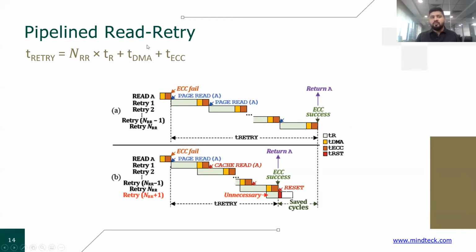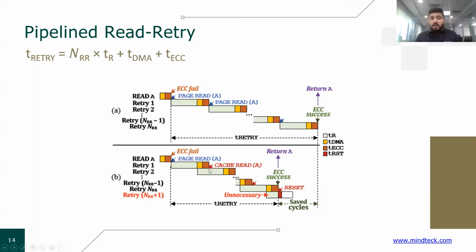And the same thing we are trying to explain here via a formula. Previously, we know that the number of read retry steps is multiplied with the whole T read, which is TR plus TDMA plus TECC.